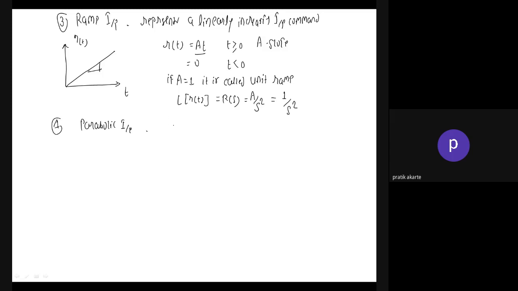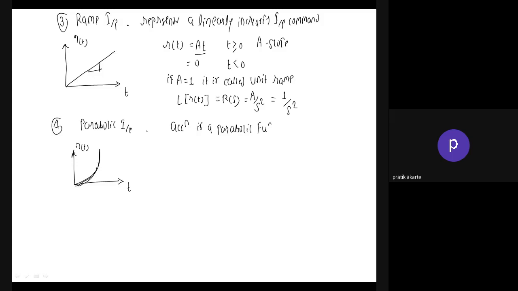It is the rate of change of velocity, and this acceleration is a parabolic function. It is represented on the diagram like this. This is r of t, this is t, like this.